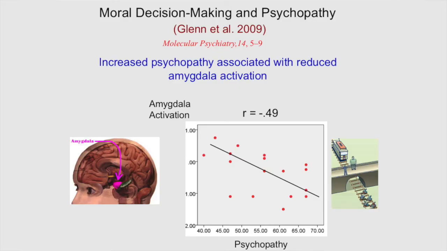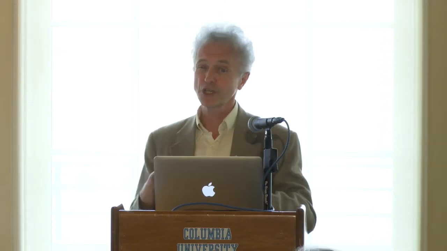Moral decision-making and psychopathy here. Andrea Glenn's work again. If you give people moral dilemmas during a brain imaging task, the trolley dilemma, which I think many of you are familiar with, then what she finds is that individuals, every red dot is an individual, this is their psychopathy score from low to high, and this is amygdala activation on the y-axis. High amygdala activation, low amygdala activation. There is a correlation that individuals higher in psychopathy show a reduction in this emotion region of the brain, the amygdala, when they are making moral decisions.